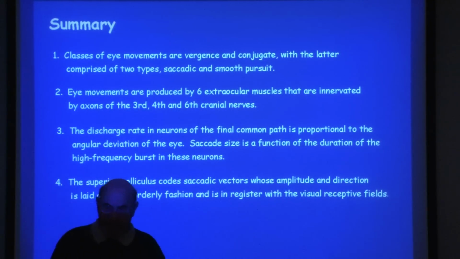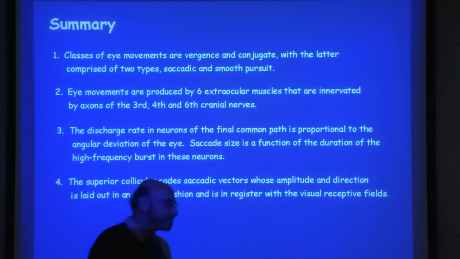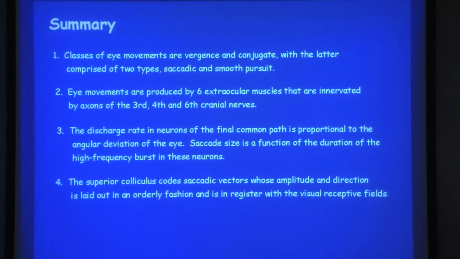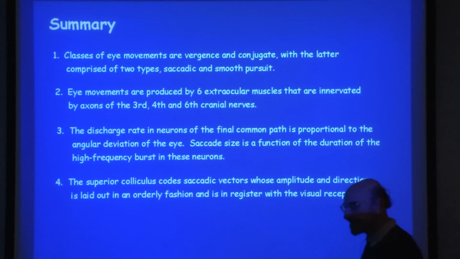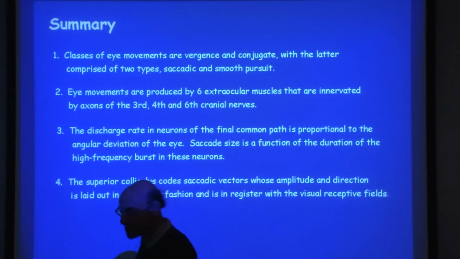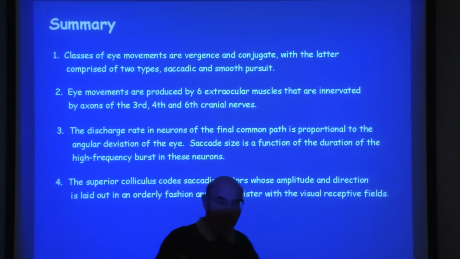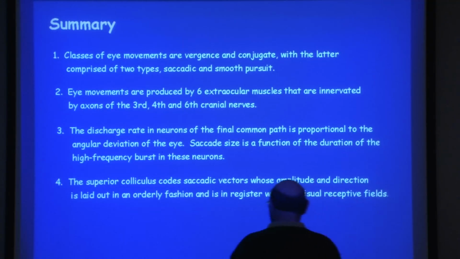It's a nice orderly arrangement, and you have an arrangement where the visual receptive fields and the motor fields are in register with each other. And every time there's activity where there's a particular receptive field location, the result is that a saccade will move the eye into the receptive field, thereby nulling the retinal error signal.